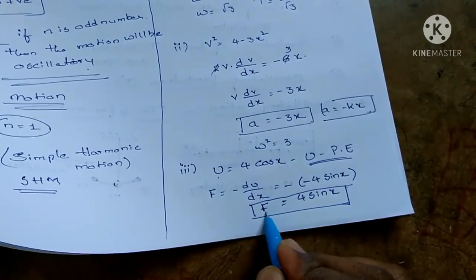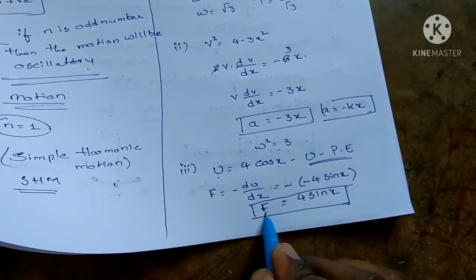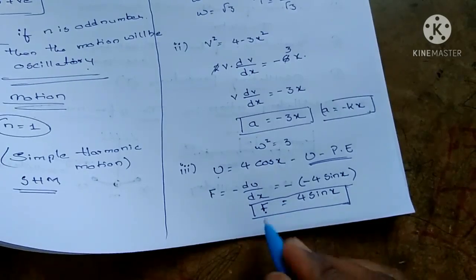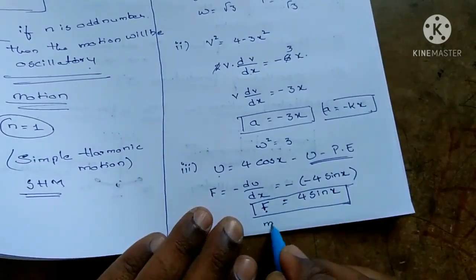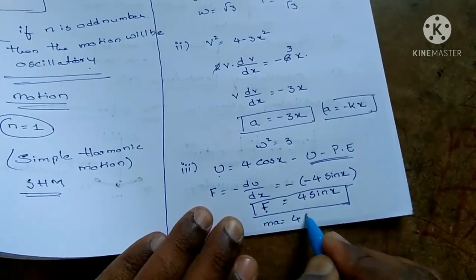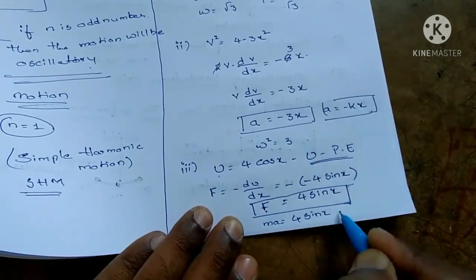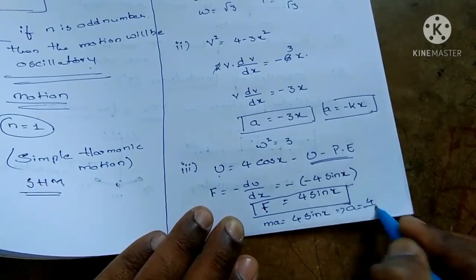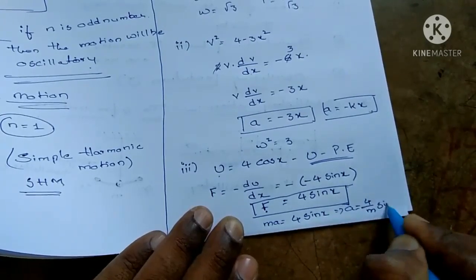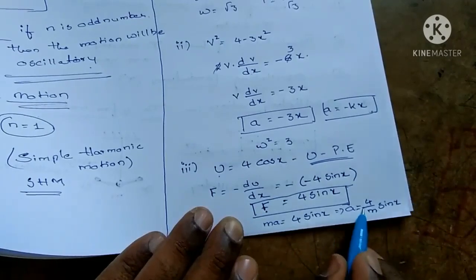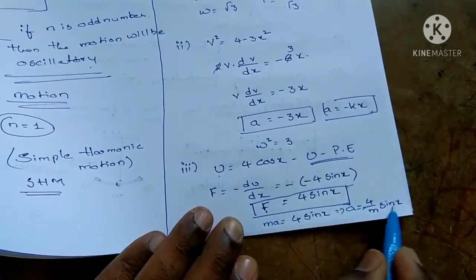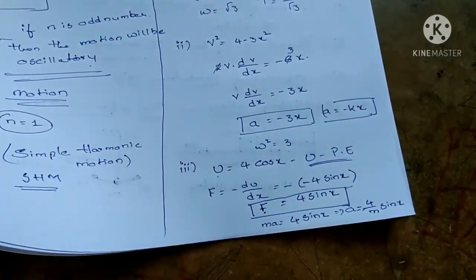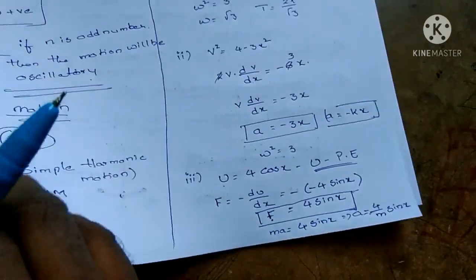From Newton's second law of motion, F is equal to ma. Even so, I will be getting a is equal to 4 by m sin x. Here the negative symbol is not there. Moreover, it is in the form of sin x, so we cannot take it as simple harmonic in nature.